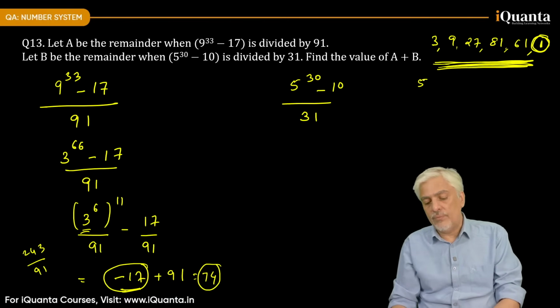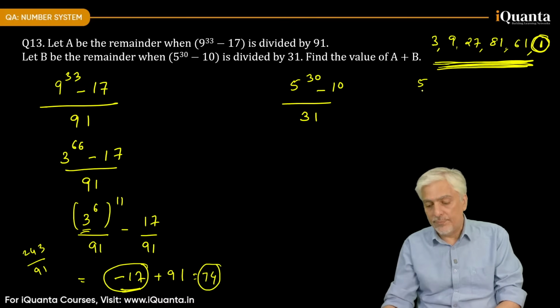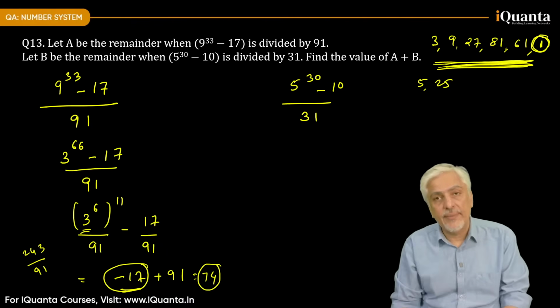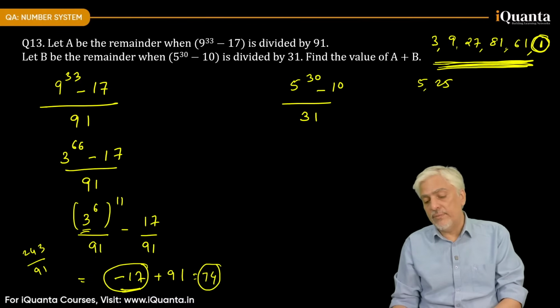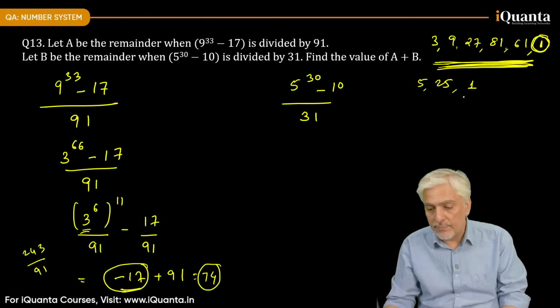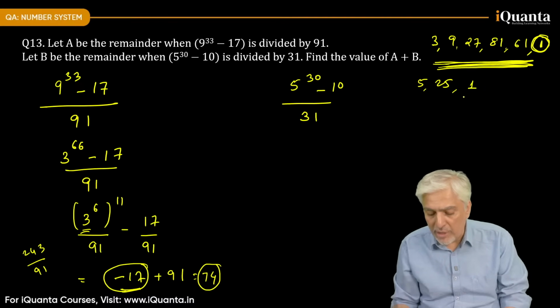5 divided by 31, remainder is 5. 25 divided by 31, remainder is 25. Then 125. 125 divided by 31. 31 4s is 124. So remainder is 1. Sorry, it is -16.